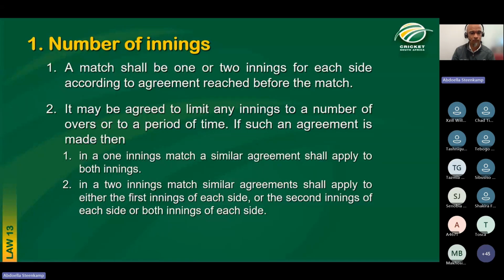The law also allows for in a 2 innings match, you can have an agreement where you can put a number of overs to the first innings or the second innings, depending on whatever your agreement is before the game starts. But what point 2 is trying to tell us is the law is flexible. So yes, we do play two innings per side in test matches or in provincial 4-day cricket, but the law allows for flexibility.